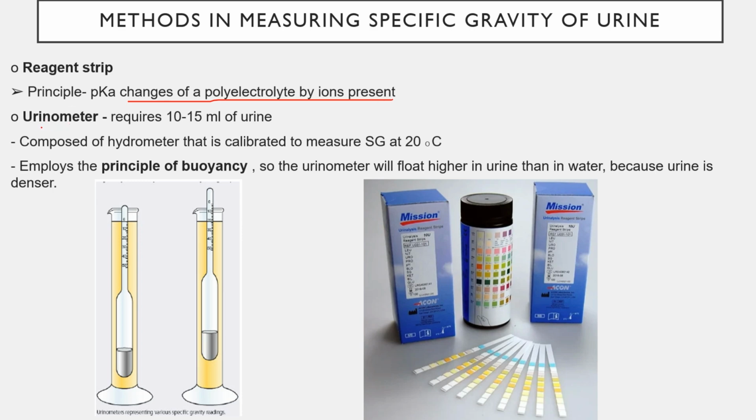So we also have the urinometer, which requires 10 to 15 ml of urine, composed of a hydrometer that is calibrated to measure specific gravity at 20 degrees centigrade. It employs the principle of buoyancy. So the urinometer will float higher in urine than in water because urine is denser. Take note of that.